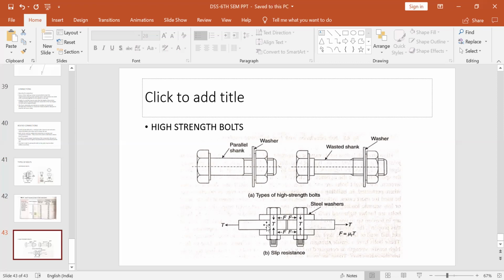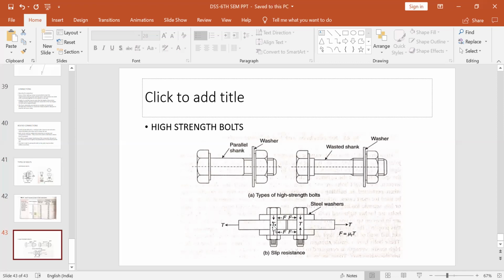This tensile load T is transferred from this plate to this bolt here vertically. So this bolt is also experiencing a load of T. The shank of the bolt here is also the same.